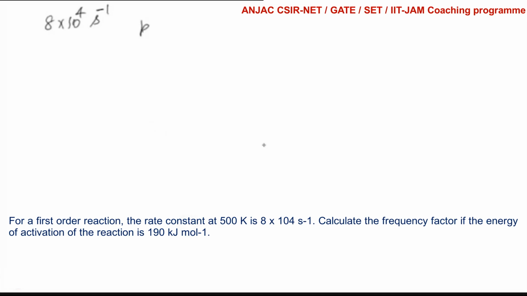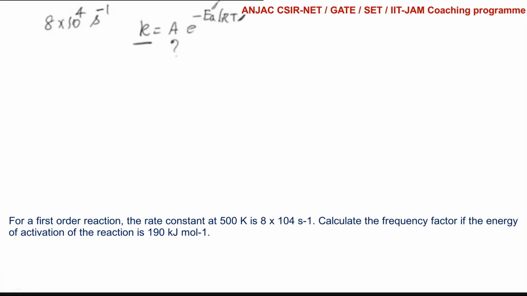You know the Arrhenius rate equation, K is equal to A into e power minus EA by RT. We will take this equation first, then we will apply whichever equation is easier for our calculation. The first order rate constant is given, the frequency factor is asked, EA is given, and the temperature is also given.